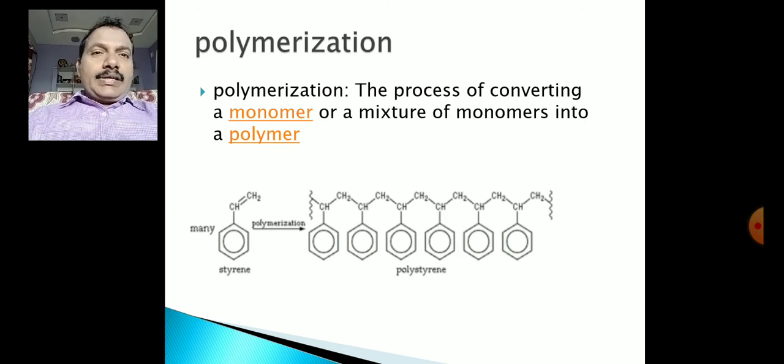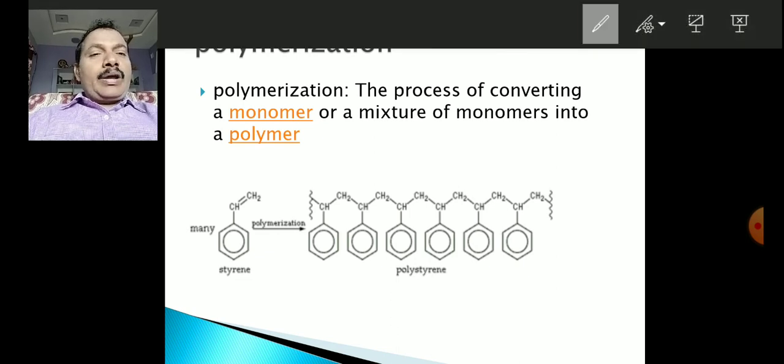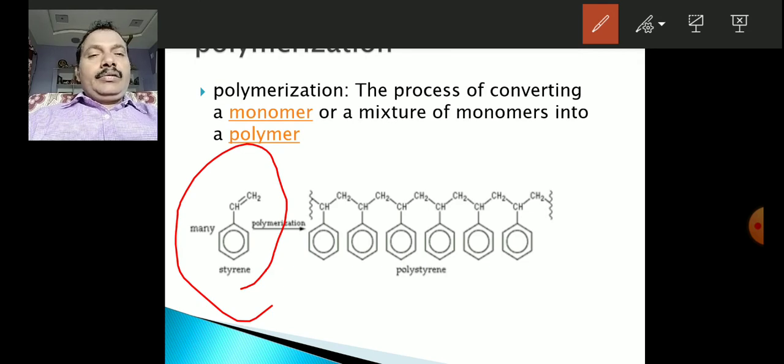So now let us see polymerization. Polymerization is the process of converting a monomer or a mixture of monomers into a polymer like this. If you observe here, this is the monomer, styrene, and it has a double bond. You see CH2.